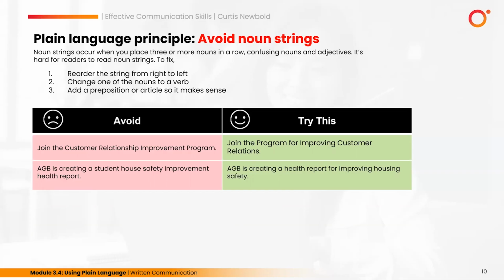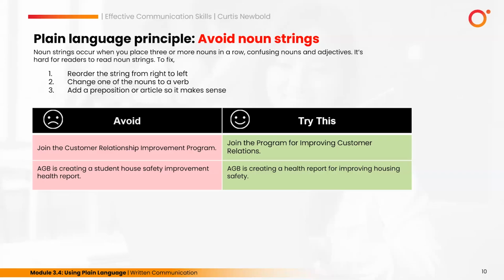So this is the one example where you might have to add a couple of words, but join the program for improving customer relations. That's going to be a little bit easier to understand. You'll see here also on the bottom left there, AGB is creating a student house safety improvement health report. Again, well, that's six nouns in a row. Student house safety improvement health report.